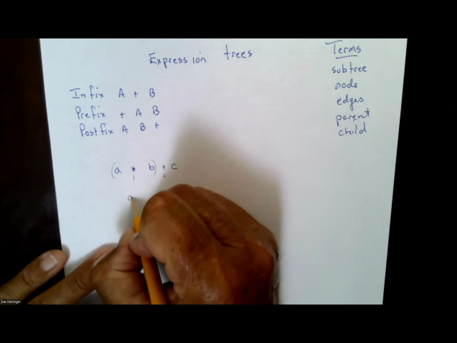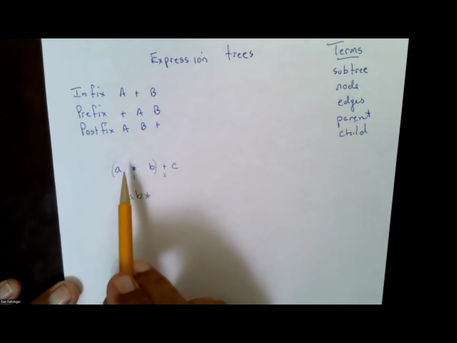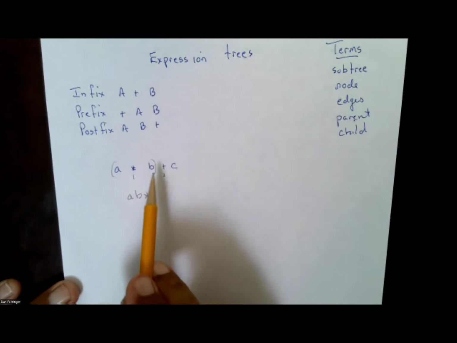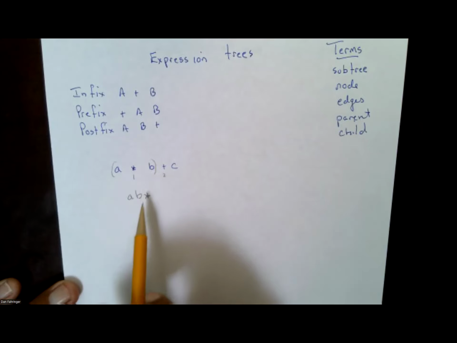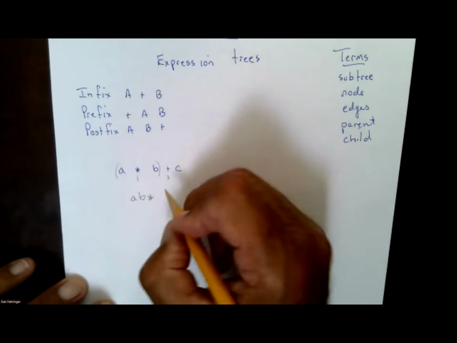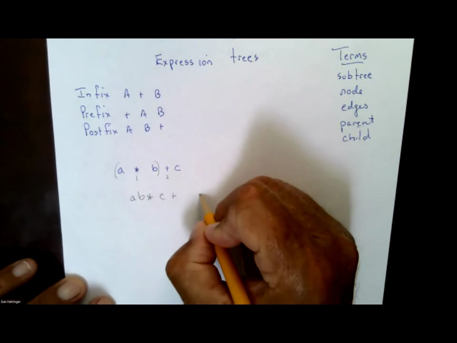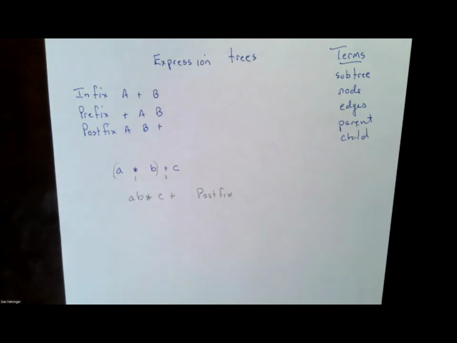This whole thing gets done first. Once I have a result for this whole thing, I now just treat it as a single thing. So now I have this single thing, C plus, and this is called postfix.